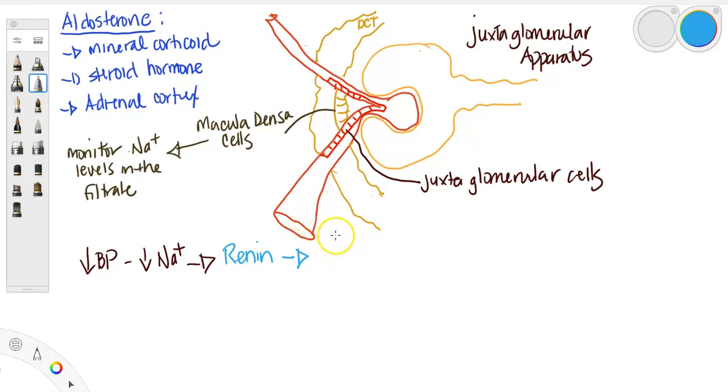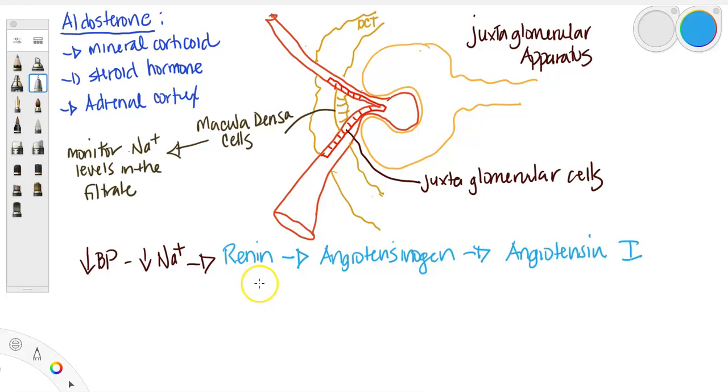And basically it converts a plasma protein called angiotensinogen into angiotensin 1.